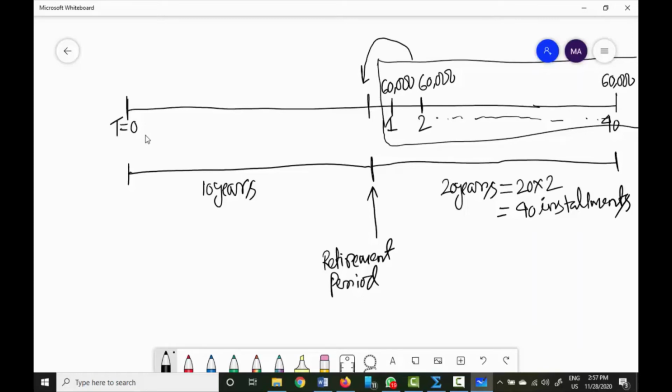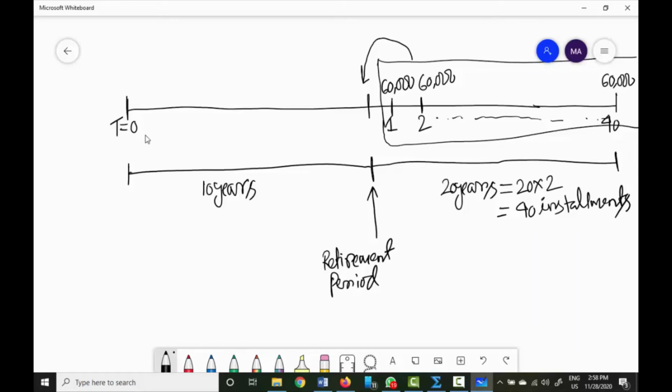So first of all we need to find out that one. After these 10 years you must have a big amount of savings in the bank account, so that the bank can give you 60,000 taka at the end of every 6 months, up to 20 years. That means total 40 installments of 60,000 taka each.